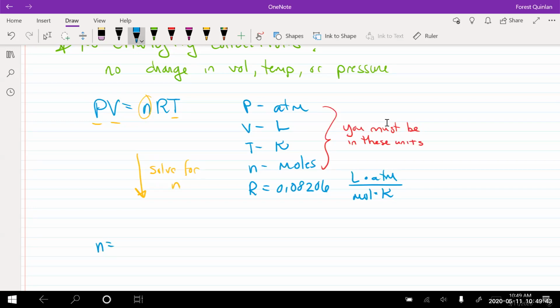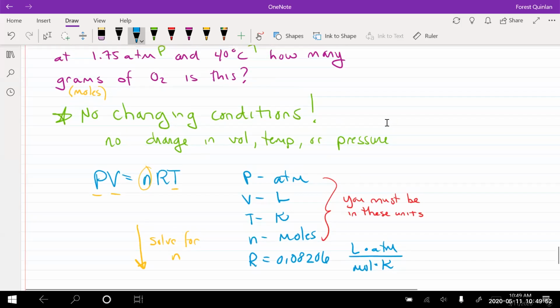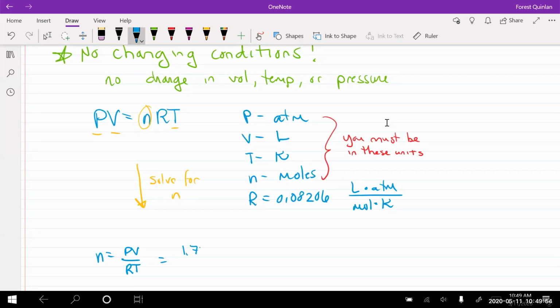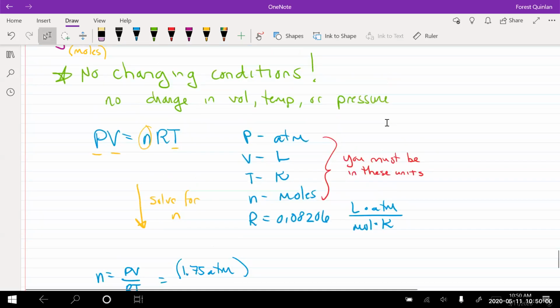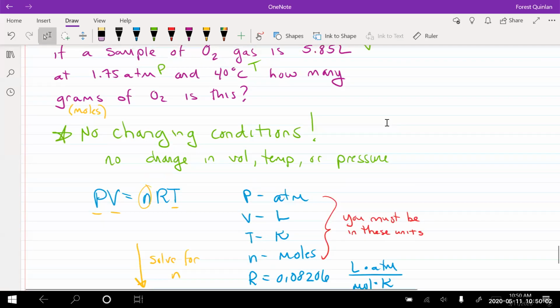So n is equal to PV over RT. That pressure was 1.75 atmospheres. The volume was 585.